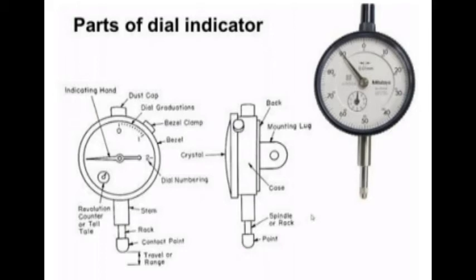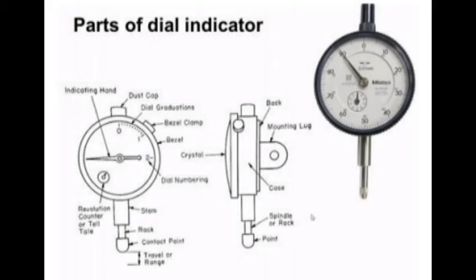Now it shows a dial indicator wherein we can see we have a pointer, and then we have a revolution counter, and there is a scale, and we can see 0 and 10, and 0 and 10. The different markings are represented in the dial indicator, and the small markings represent 0.01 mm.